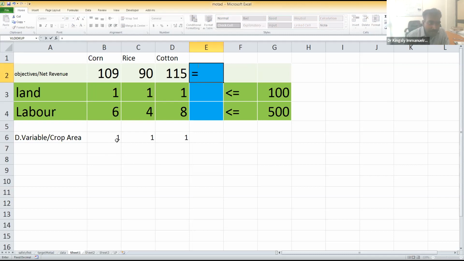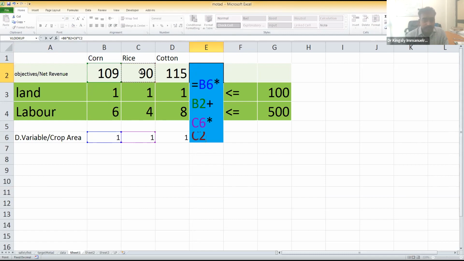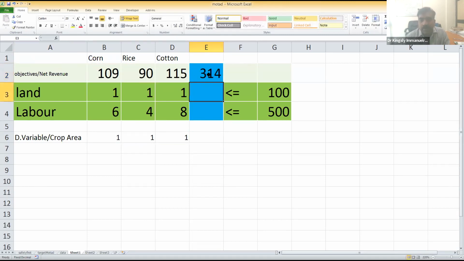That means area under corn, 1 hectare times 109 rupees, plus area under rice times net revenue from rice, plus area under cotton, 1 hectare times net revenue from cotton. If you sum up, 314 rupees. Right now we make a small dummy calculation so that we enter the formula.